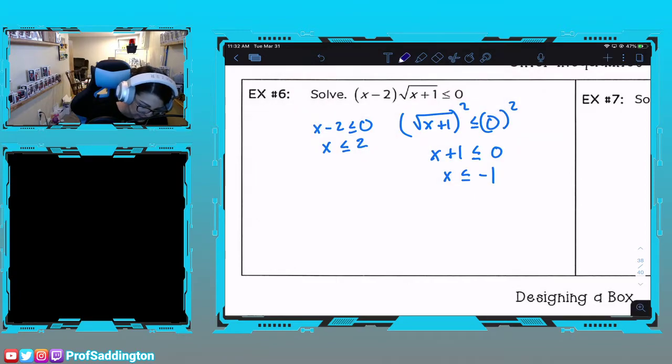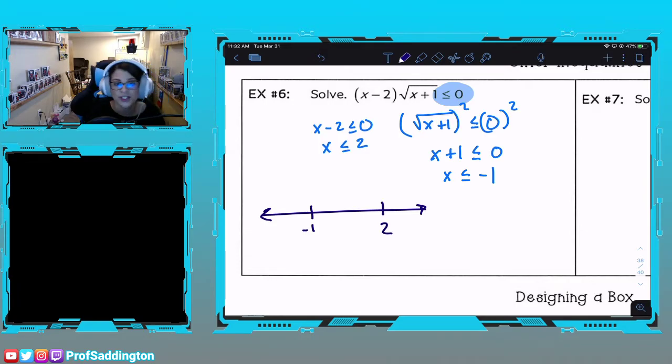There we go. And then from there, we can do our sign table because we're just really trying to find out what values work for this. And again, it is less than or equal to, so we got to keep that in mind. So we have negative 1 and 2. And we're just plugging these back into that function to see is my answer positive or negative.